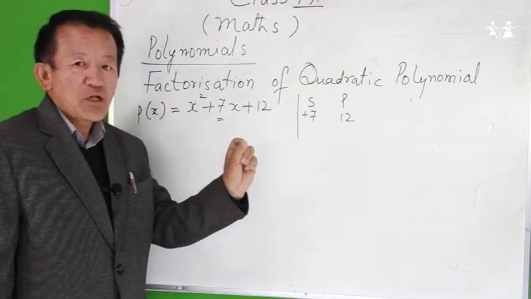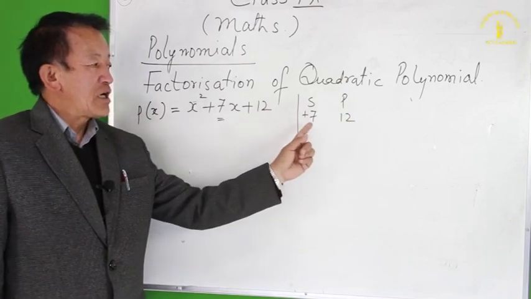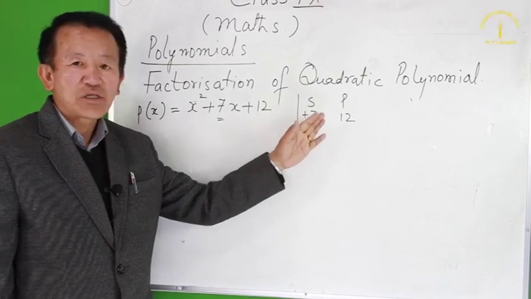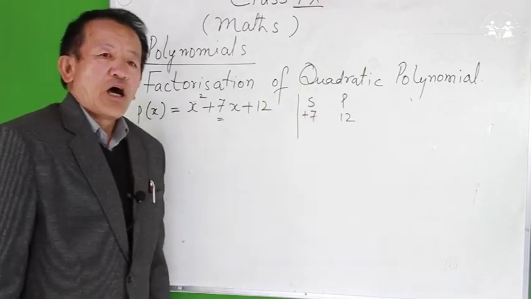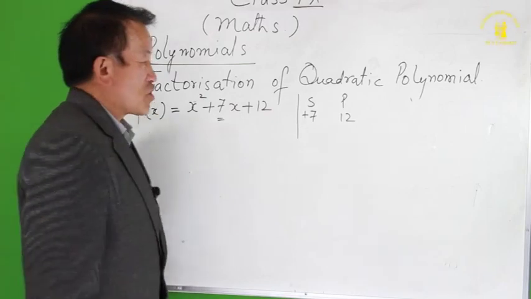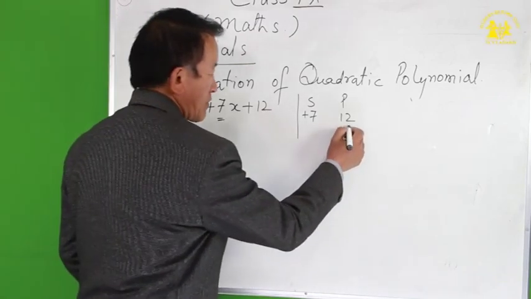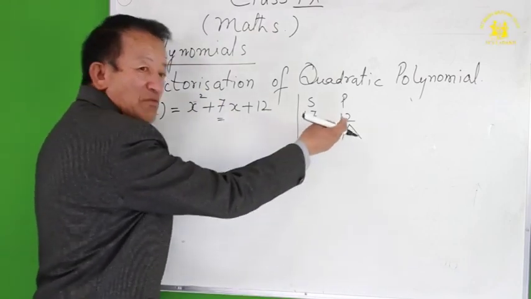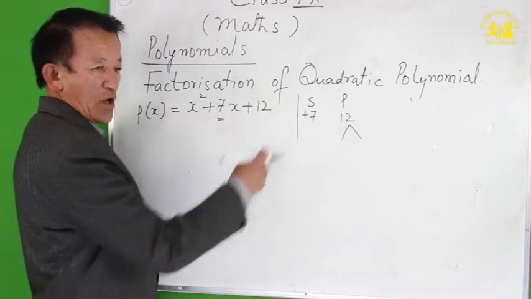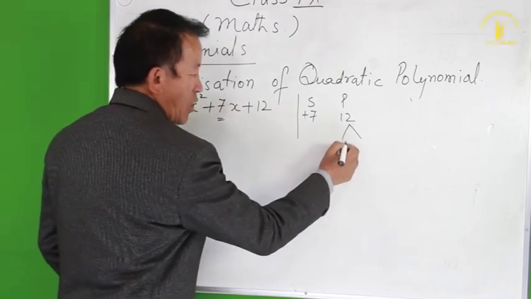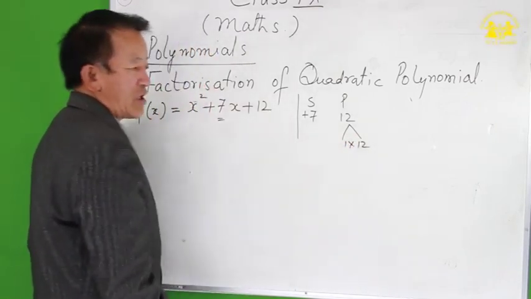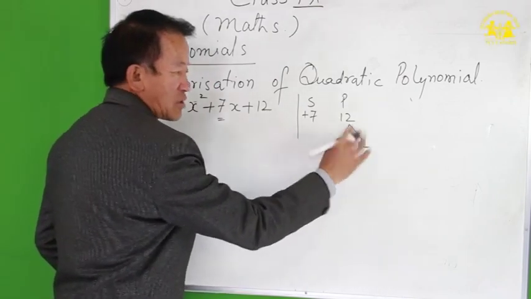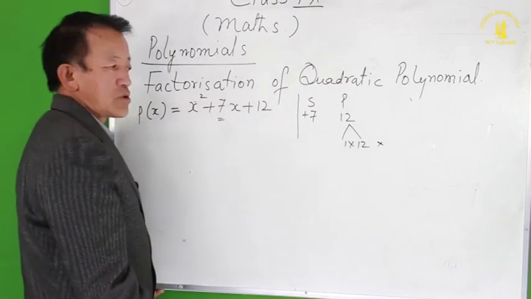So we can infer the sign from the sign of the sum. The sign of the sum is positive, so that means both the numbers will be positive. In order to find the two numbers, we shall try to find all the possible factors of 12. The smallest factor is 1. 1 multiplied by 12, both positive. 1 plus 12 is 13, so those are not the numbers we need.